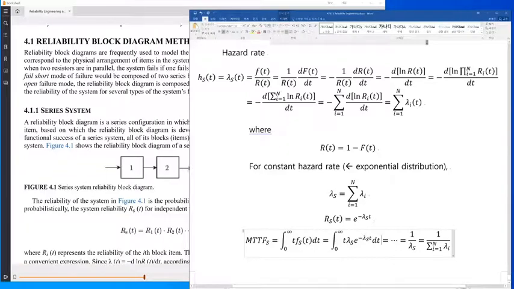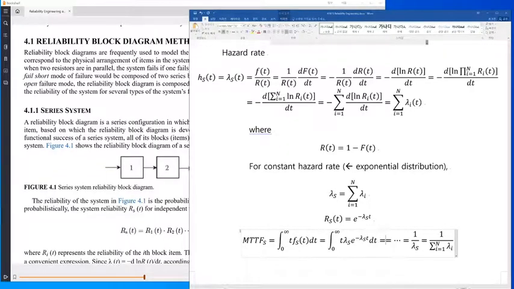Oh, also one more thing. Previously it was mentioned that this is the definition of mean time to failure, and mean time to failure should be calculated like this.